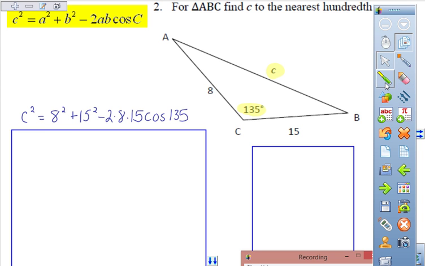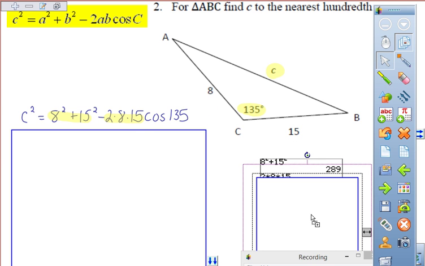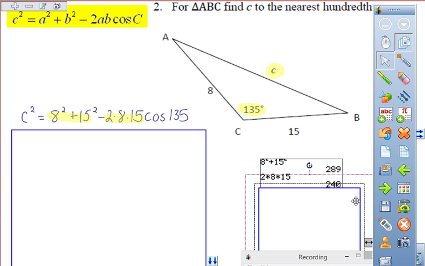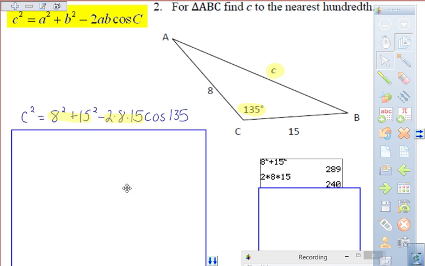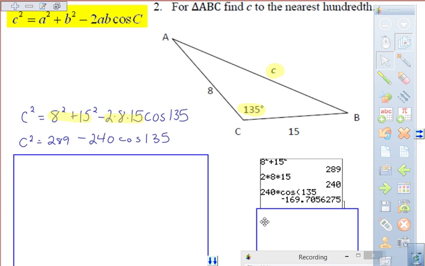Now I like to simplify a little bit. So I'm going to simplify those 2 numbers and those 3 numbers. Then this is what my calculator gives me, the 289 and the 240. So in my equation, it looks like that. And now from left to right, I can simplify on my calculator.